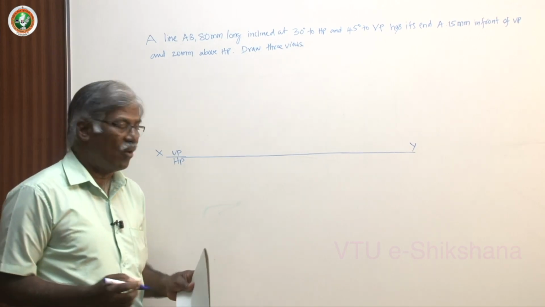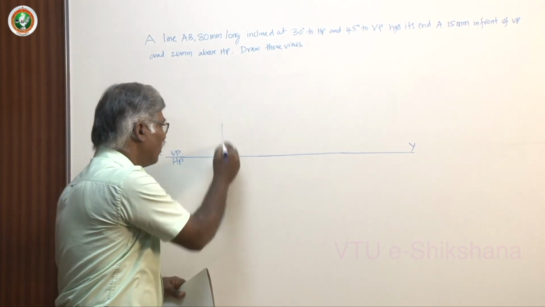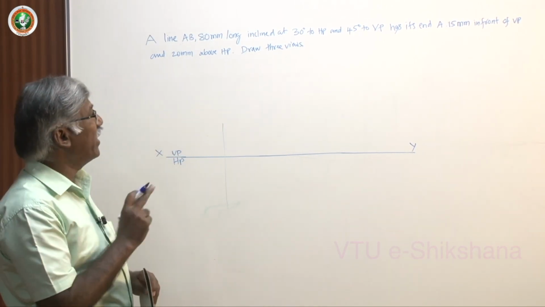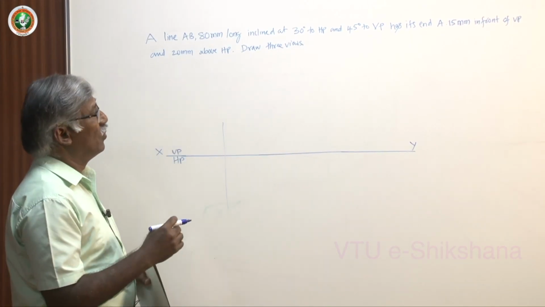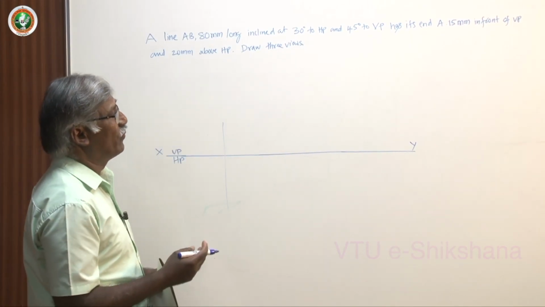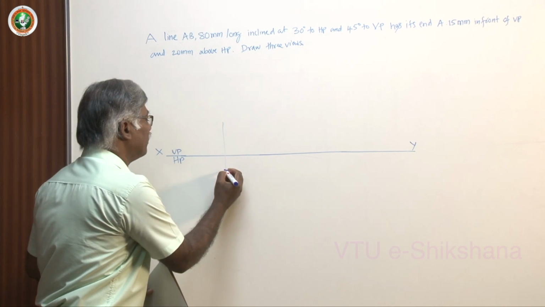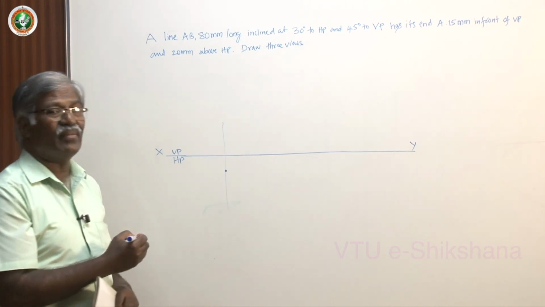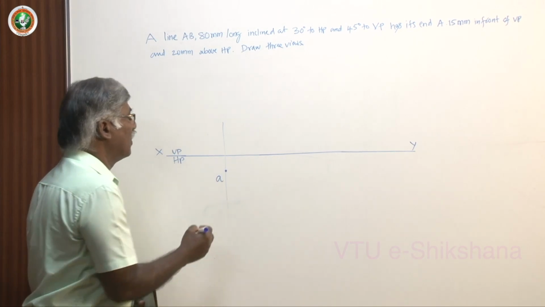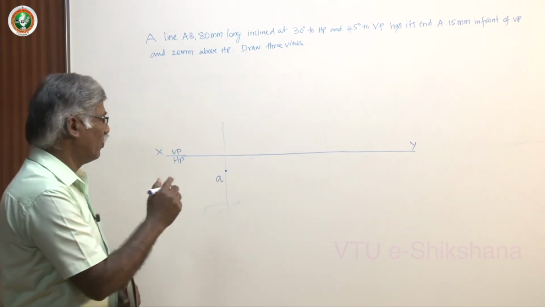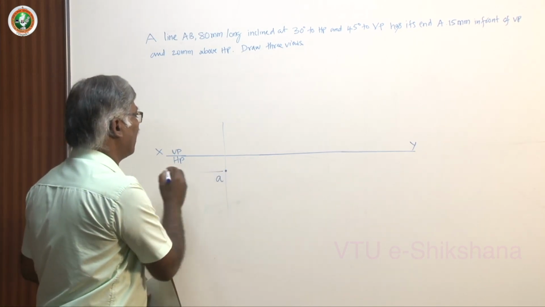Now, draw a vertical projector to fix one end of the line. One end of the line is A. Check twice, 15 mm in front of VP. This is A.